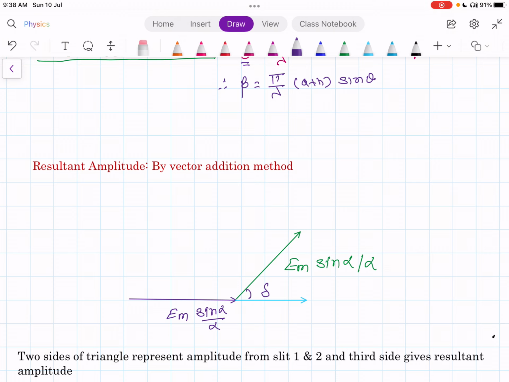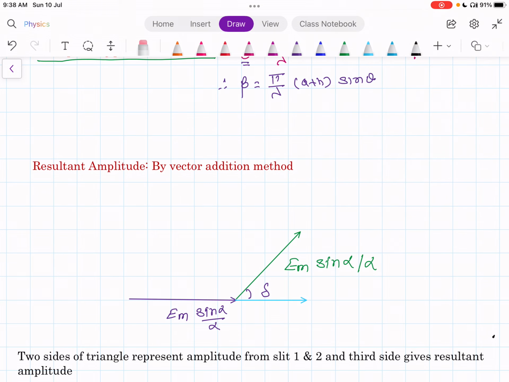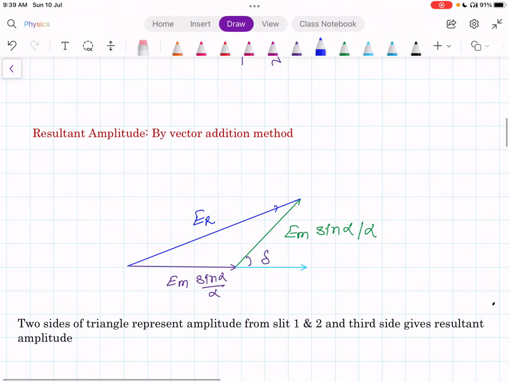Now we have to find the resultant of these two. To find the resultant, we join this, and this is our resultant, which is, let us say, ER. So ER is the resultant. In this case, two sides of the triangle represent the amplitudes from slit 1 and slit 2, and the third side gives the resultant amplitude ER.